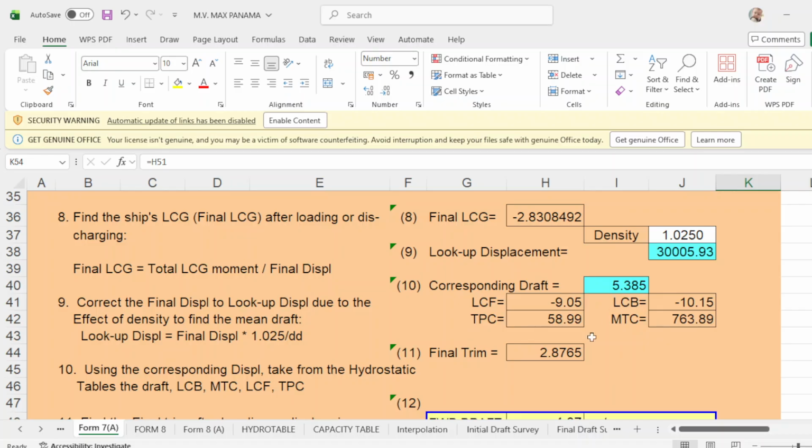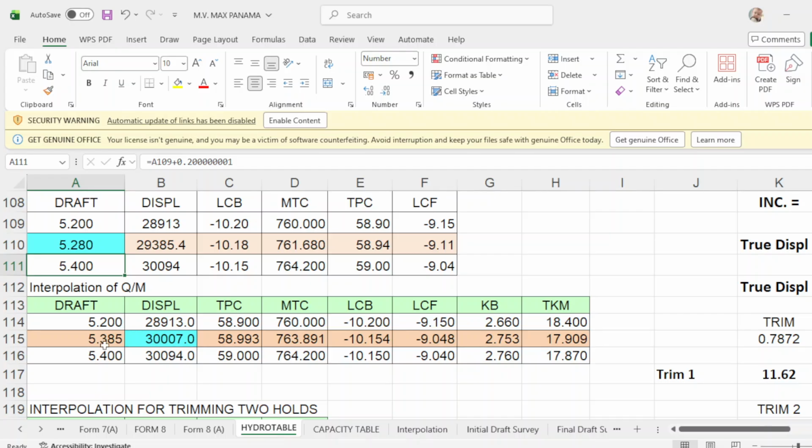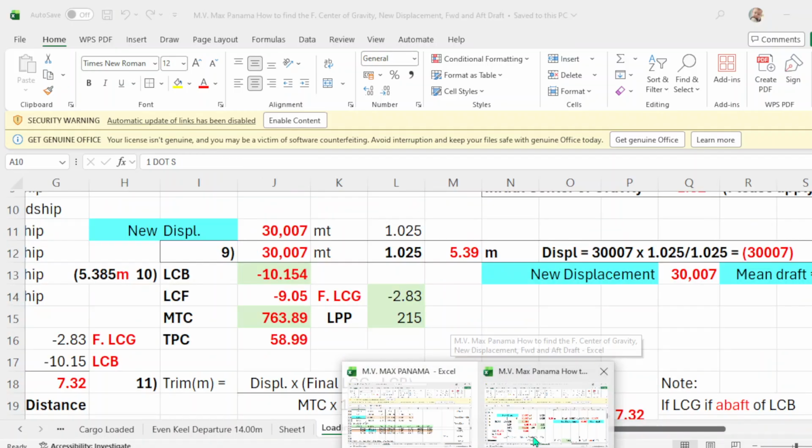So, 5.385, you go to the hydrostatic table, 5.385, this one.